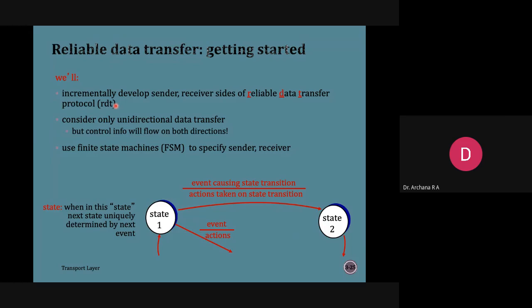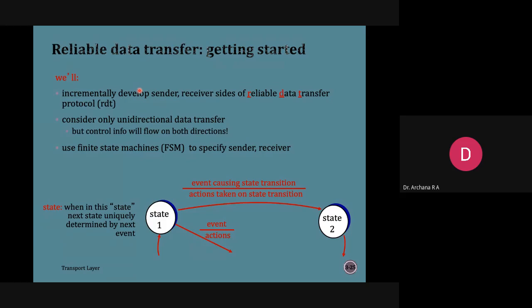So we will incrementally develop the sender and receiver sides of reliable data transfer. Initially, the communication happens only with the help of rdt_send, rdt_rcv, udt_send, and deliver_data. That is the general communication that is going to happen.